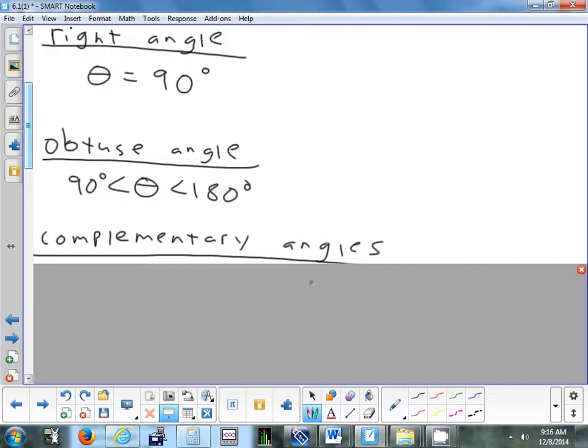Okay, the first one is complementary. So this is a term that only applies if you're comparing two angles. And there's a special relationship. Anybody know what would make angles complementary? And it's a little tricky here. There are the two parts like we had before, like for an acute angle. But go ahead, Josh. Two angles that add up to 90 degrees. Okay, they do have to add up to 90.